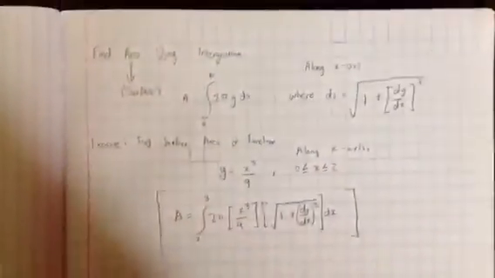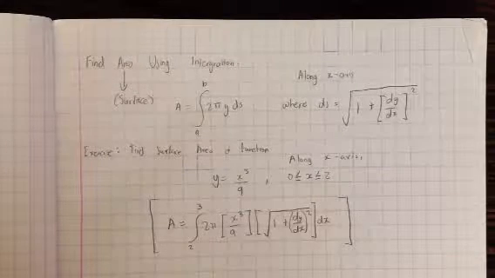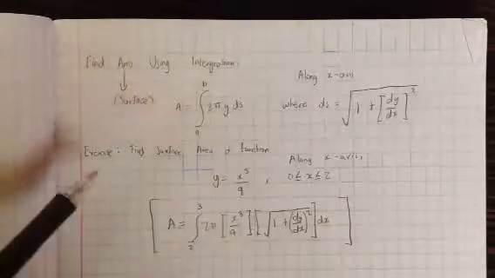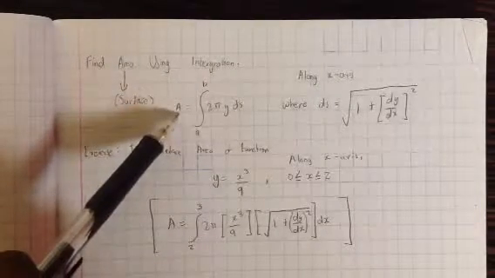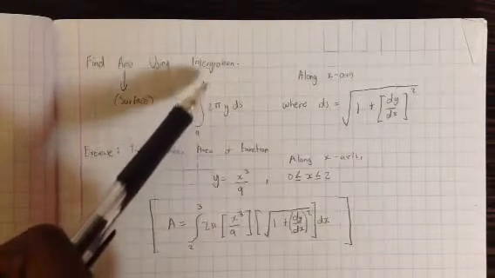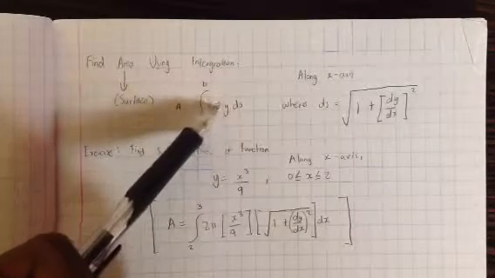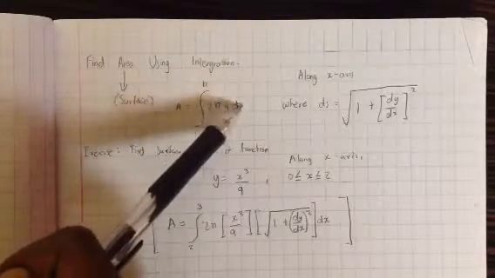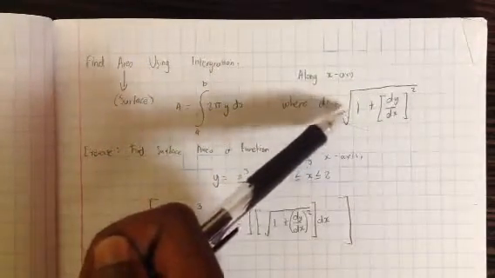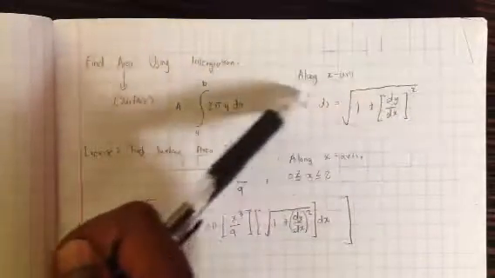But in this case, we're using integration. So now this is our calculus, by the way. Finding area using integration, we have a general formula where A is the surface area, equal to the integral from a to b of 2 pi y ds, with y being the function. ds is the general formula for arc length, which is the square root of 1 plus (dy over dx) squared, along the x-axis.